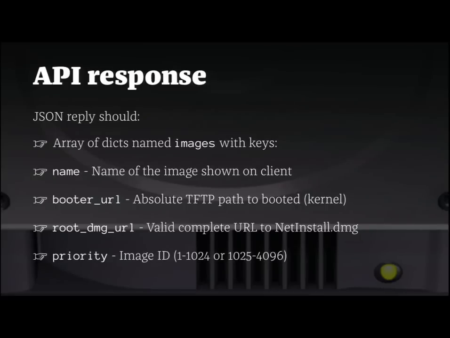Once the API does its logic and has its reply ready, it should send back an array or a list of dictionaries named images, and then each list item should have at least the following keys.